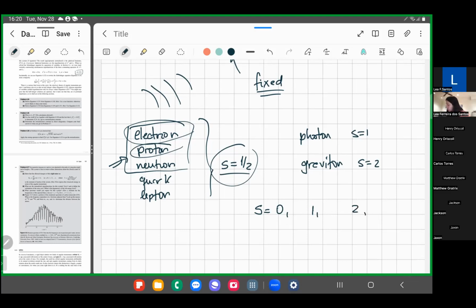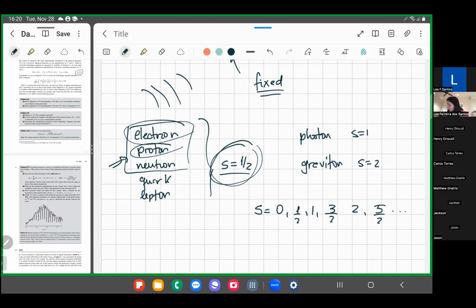But the spin can also have the half integers, so the ones that were missing before. Okay. All right. So as I said, we are going to be dealing with S half.